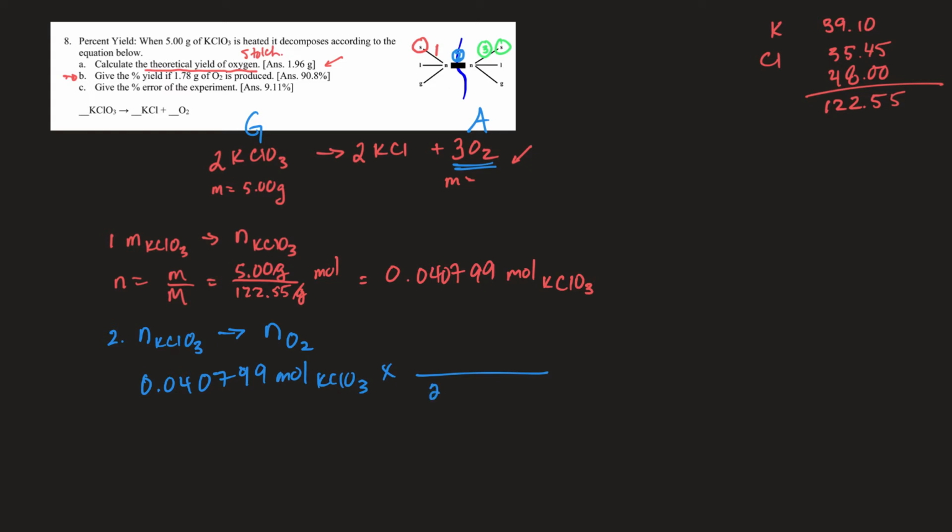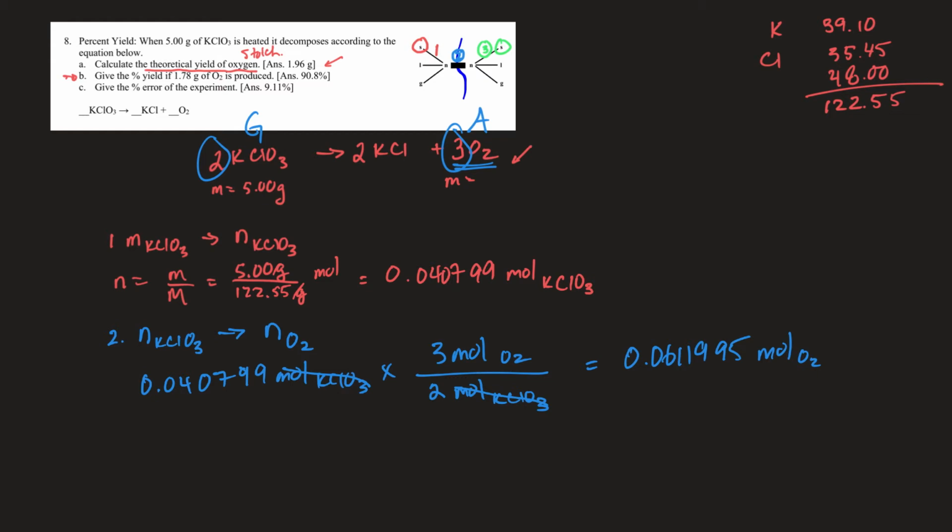So KClO3 is 2 from there. So 2 moles KClO3, and we're going to oxygen, so 3 moles of oxygen. Moles of KClO3 cancel, so I take this number times 3, divide 2. So I'm at 0.0611995, etc. moles of oxygen.